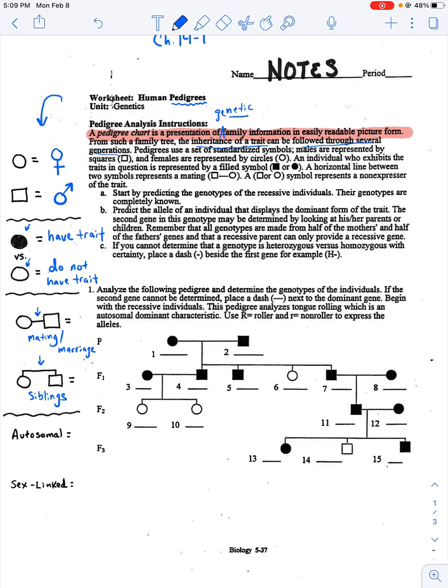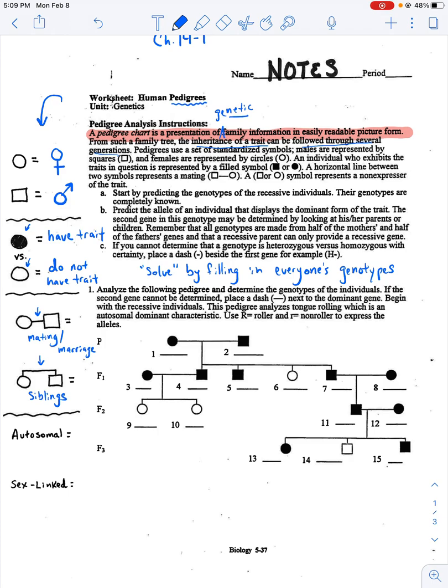So the goal is that you are trying to solve the pedigree by filling in everyone's genotypes. And then often you are answering associated questions once you have filled out everyone's genotypes.